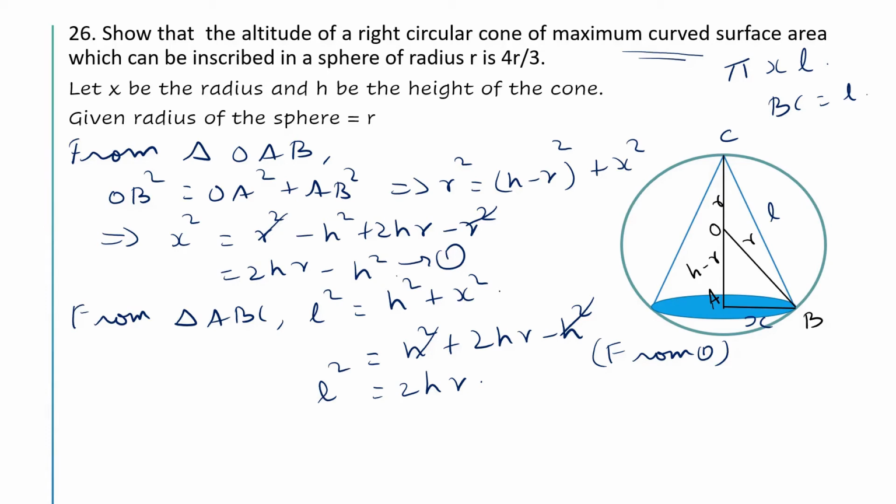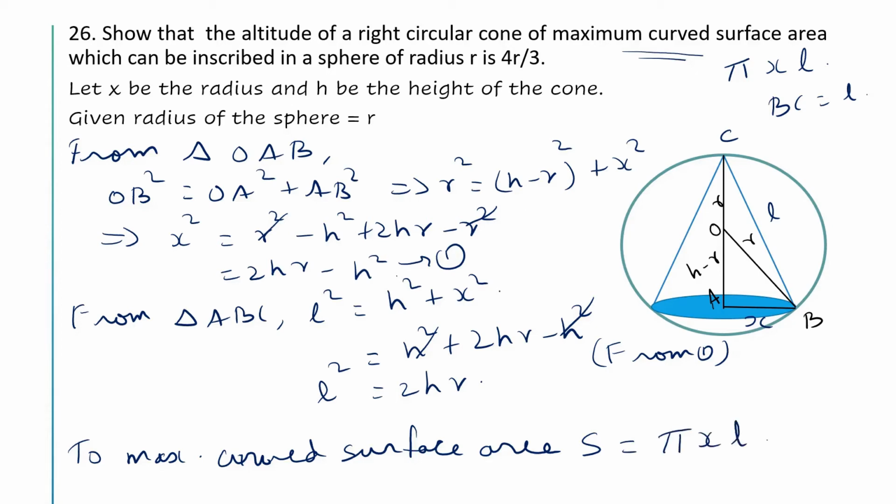Now we have to maximize the curved surface area. So to maximize curved surface area, S is equal to pi x L. So instead of maximizing S, we can maximize S square. So let Z is equal to S square is equal to pi square x square L square.